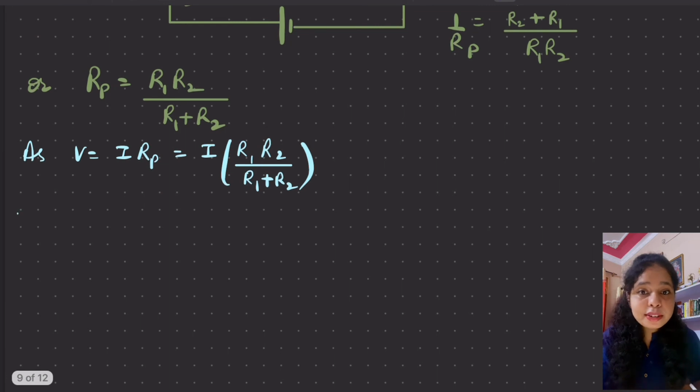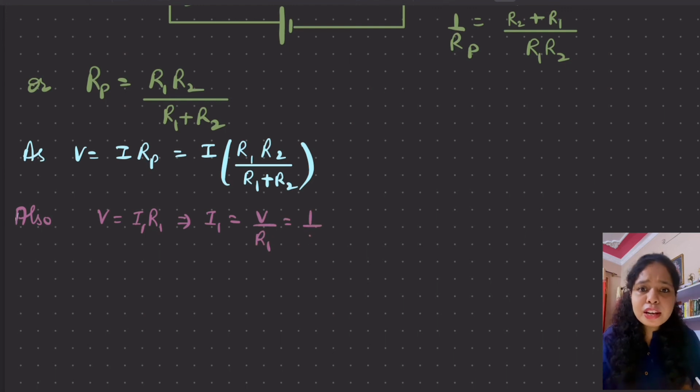Now we know that R1 and R2 are connected in parallel. Therefore, voltage across R1 and R2 is same. That means the potential difference across the terminals of resistor R1 and the potential difference across the terminals of resistor R2 is going to be same. Therefore, we can say V is equal to I1 R1, and now we know I1 is equal to V upon R1. We have already calculated the value of V, that is I R1 R2 upon R1 plus R2.